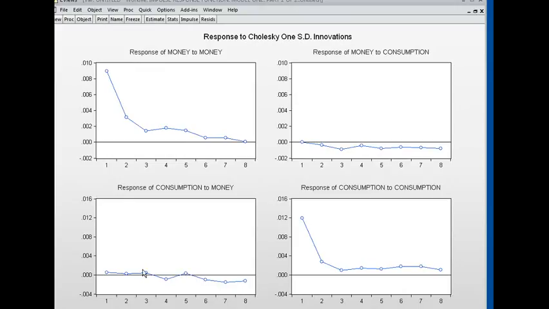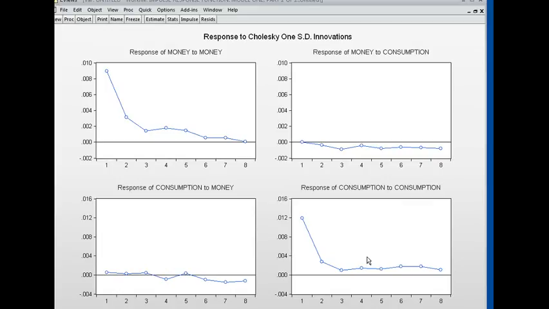That means sometimes positive, sometimes negative. So when there is a shock in money supply, consumption is sometimes positive, sometimes negative.